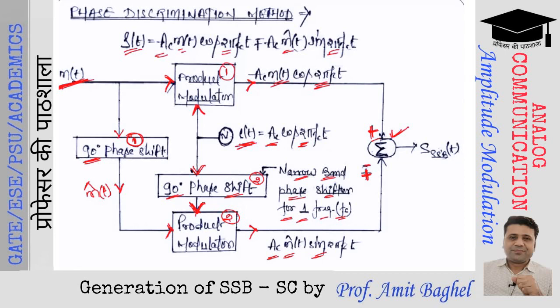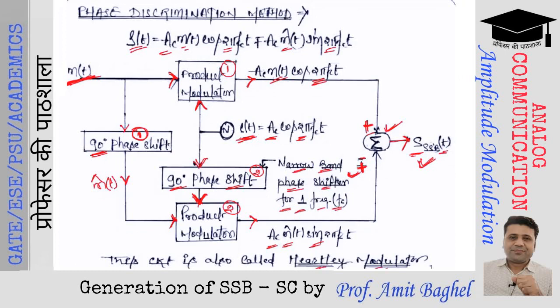And if plus is taken, that means in the modulated waveform, the lower sideband is considered. So this is how we are going to get s(t), which is the modulated waveform using the SSB modulation scheme. This is the phase discrimination method to generate the single sideband suppressed carrier. This circuit has a name which is also known as Hartley modulator.